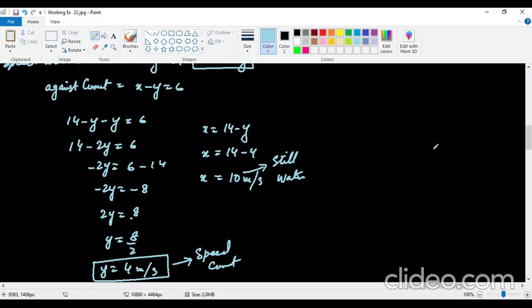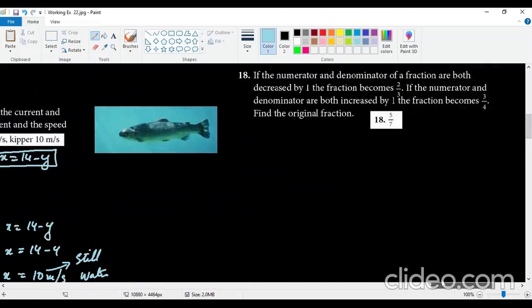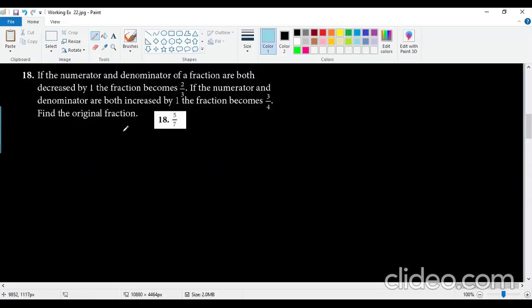Moving on to the next question, which is saying if the numerator and denominator, that means x over y of the fraction, are both decreased by 1. That means I will write x minus 1 and y minus 1. So the fraction becomes 2 over 3.